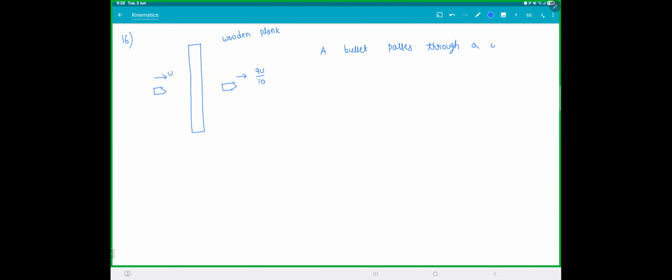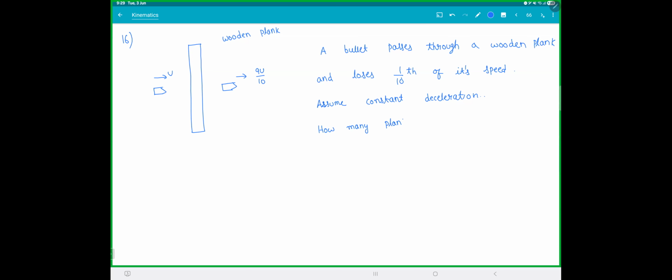A bullet passes through a wooden plank and loses 1/10 of its velocity. Right? Assume constant deceleration. So when you're going through the plank, assume there's a constant deceleration. How much, we don't know. This is the only information we have. If you send a thing through a wooden plank, you're losing 1/10. So the question is, how many planks do I need to stop the bullet?